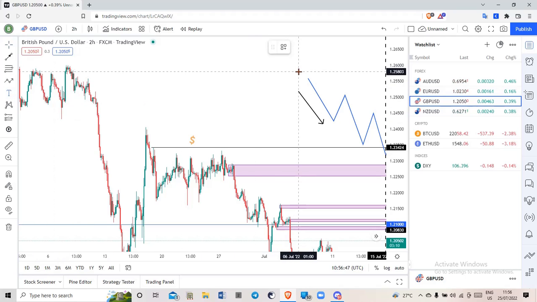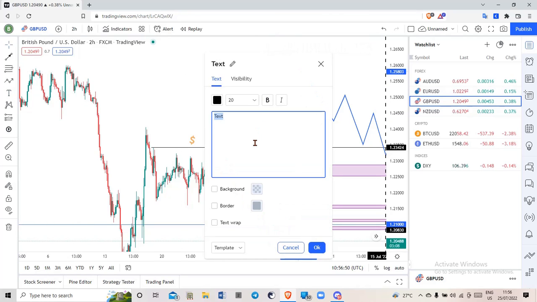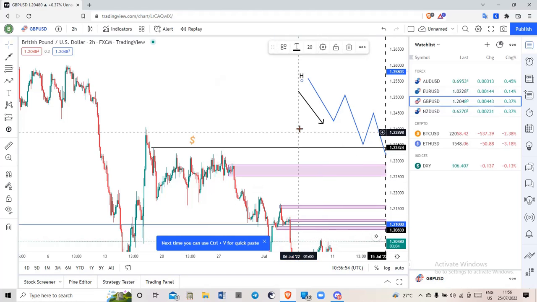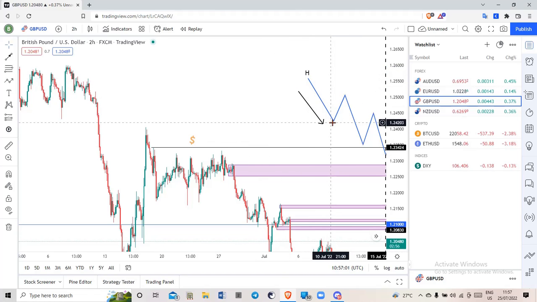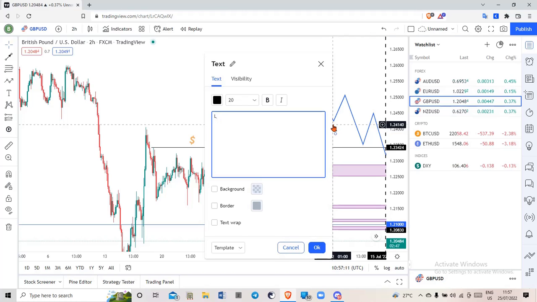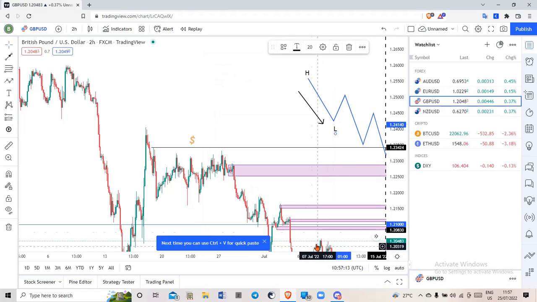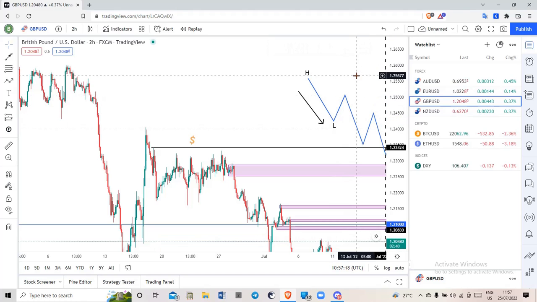This is the high, represented by capital letter H. And then when it comes down and makes a swing low, we call it the low of the market. Please listen attentively.